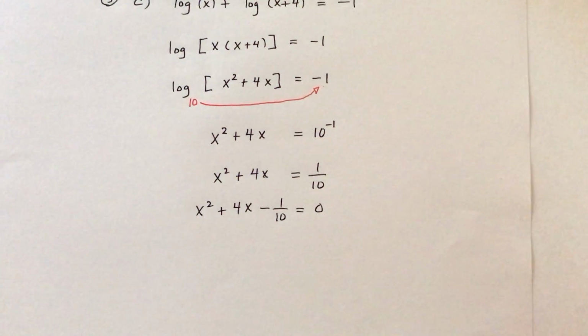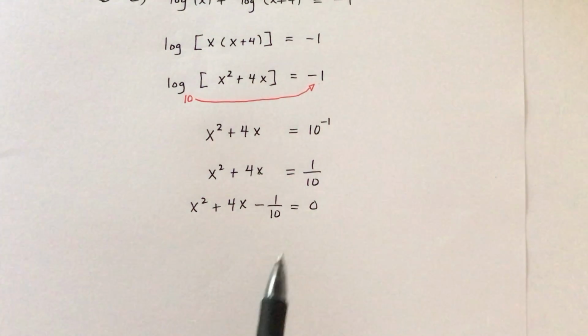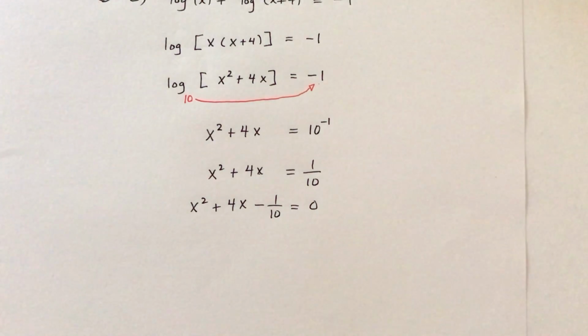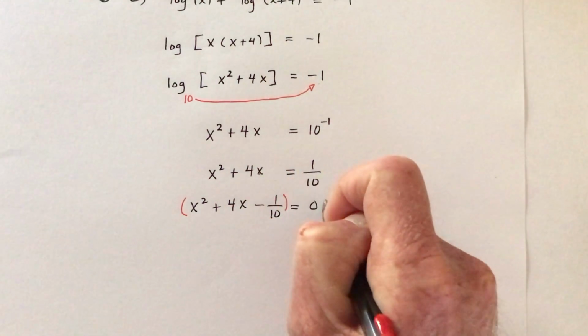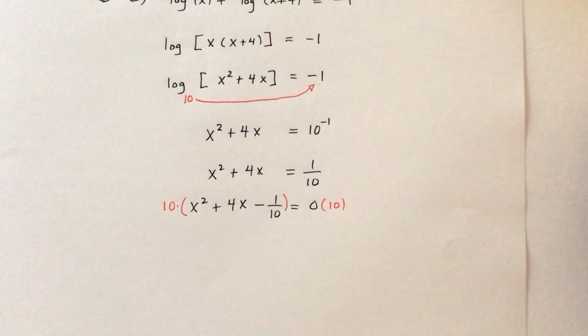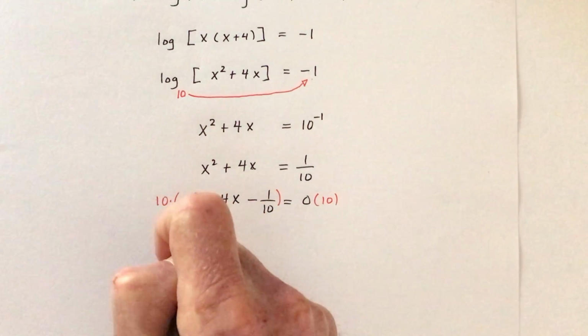And then I could do the quadratic formula. To be honest with you though, I feel like I might mess up the quadratic formula if I'm using fractions. So I'm actually going to clear out the fraction. I'm going to multiply both sides by 10. That step is not necessary, but I would just prefer to clear out the fraction.